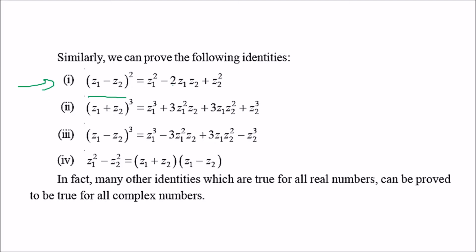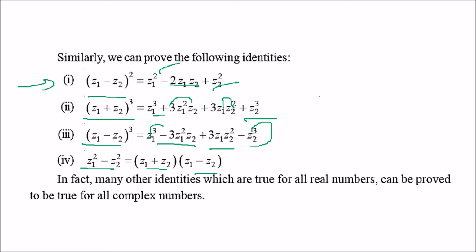Z1 minus Z2 whole square is equal to Z1 square plus Z2 square minus 2 Z1 Z2. Z1 plus Z2 whole cube is Z1 cube plus Z2 cube plus 3 Z1 square Z2 and plus 3 Z1 Z2 square. If we take a subtraction of cubes, Z1 cube minus Z2 cube minus 3 Z1 square Z2 and plus 3 Z1 Z2 square. If we take Z1 square minus Z2 square, it will be Z1 plus Z2 into Z1 minus Z2.